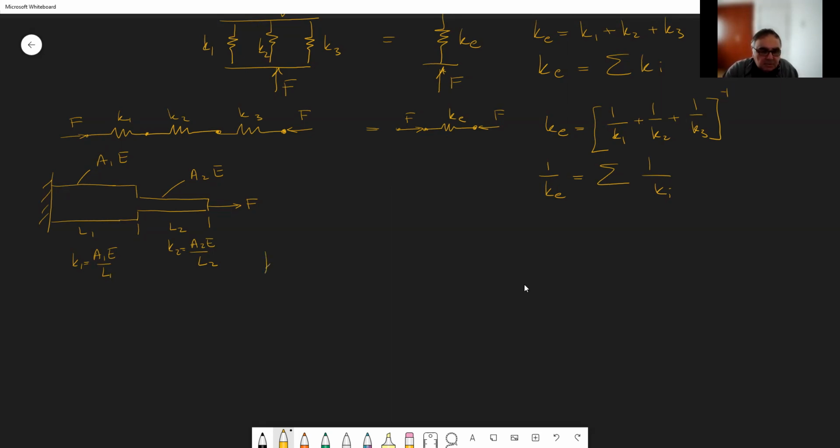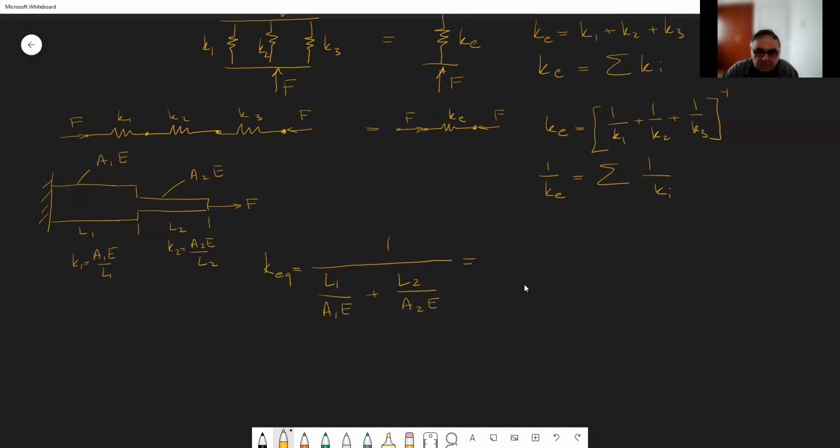So the equivalent spring, K equivalent, is going to be 1 over the sum of the inverses of these: L1 over A1E plus L2 over A2E. First of all, E is common, E goes up.